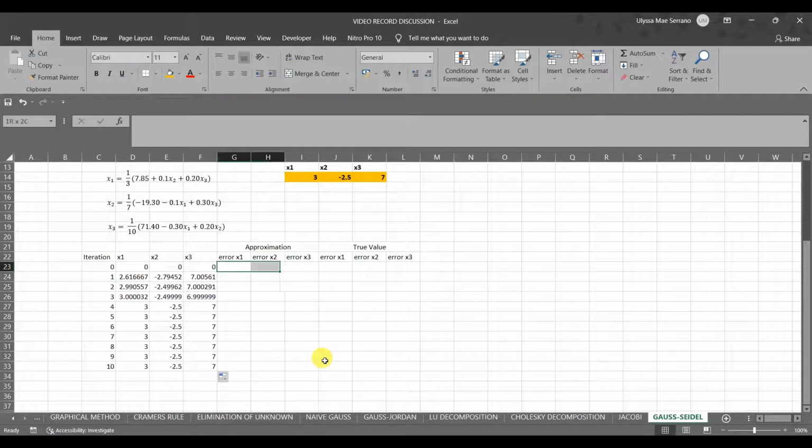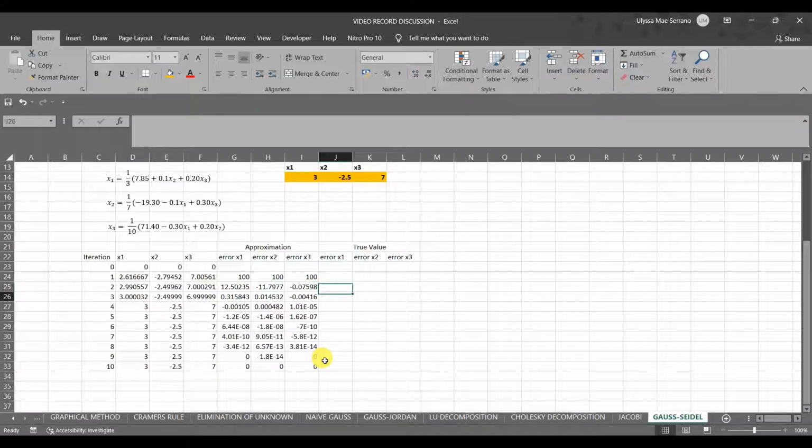So, we will not have a value of approximation percent relative error on the first because we still don't have the previous approximation. So, on the first iteration, current minus previous divided by current multiplied by 100. So, similar process will be used. So, we will be able to have this percent relative error based on the approximation.